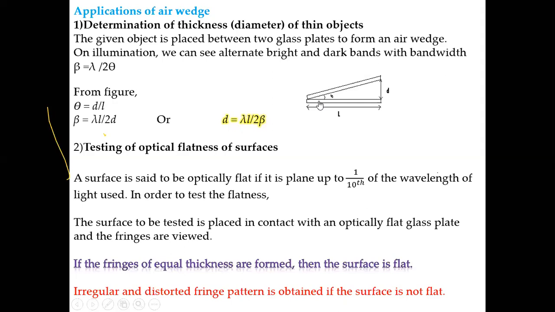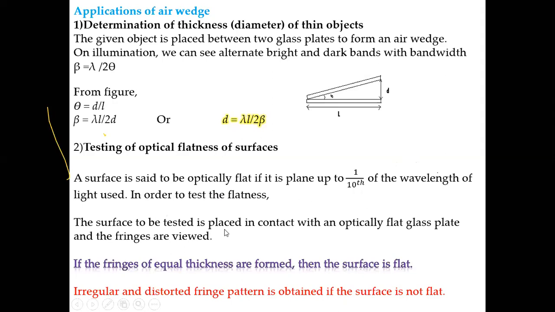There should not be any humps or bumps on the surface. The surface should be perfectly plane, to the order of 1/10th of the wavelength of light used. 5893 angstrom units means 5893 divided by 10, so the flatness should be about 589 angstrom units.